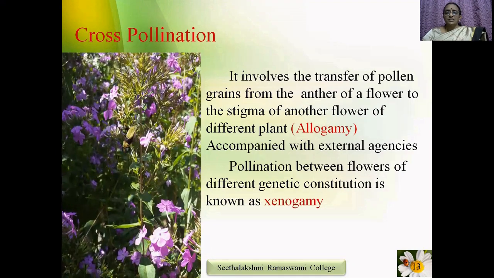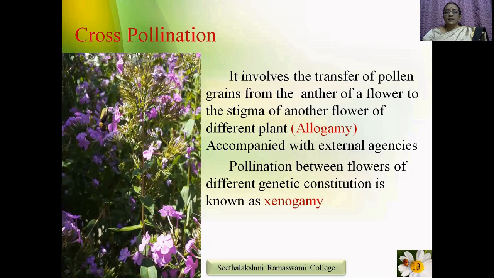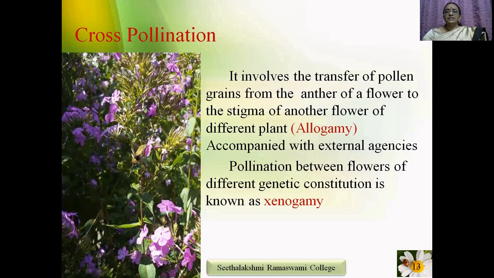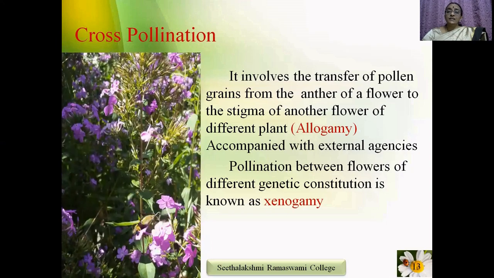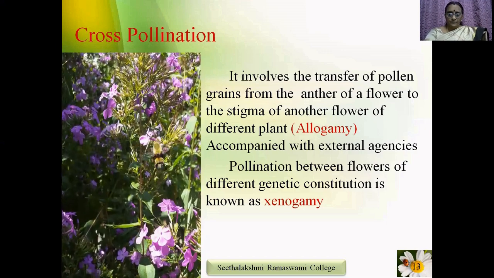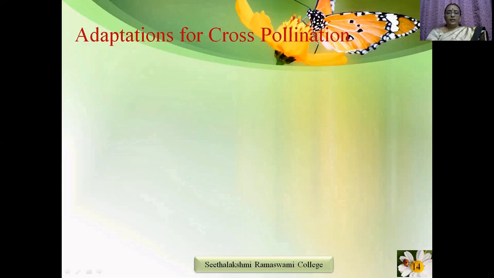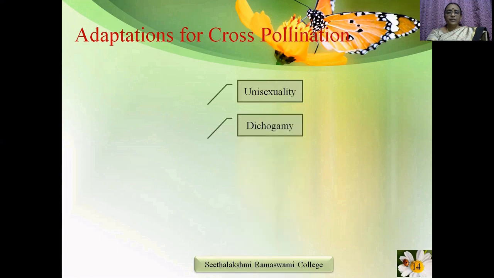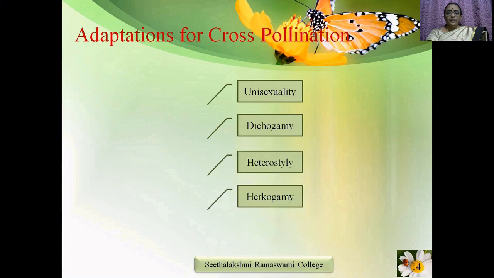This cross-pollination is accompanied by external agencies. Pollination between flowers of different genetic constitution is known as xenogamy. The different adaptations for cross-pollination are unisexuality, dichogamy, heterostyly, herkogamy, and self-sterility.